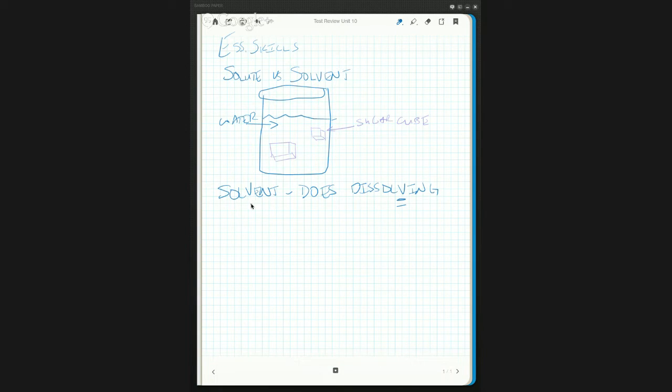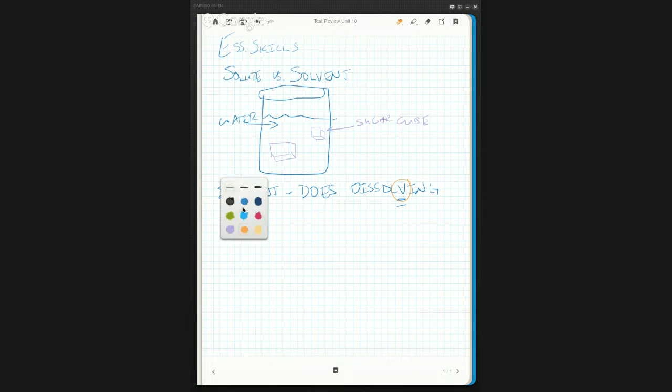Anyways, I don't really care about the song. The way I look at this, solvent with the V right here. Let's circle these in orange. Solvent has a V in it. Dissolving has a V in it. That's the solvent does the dissolving. It is the medium that does the dissolving.